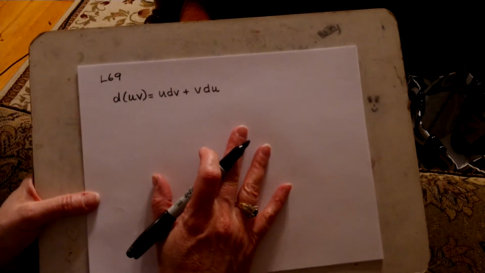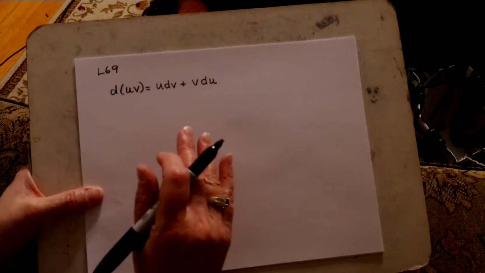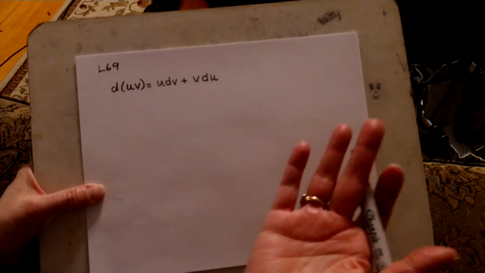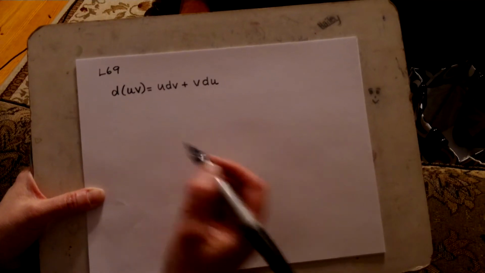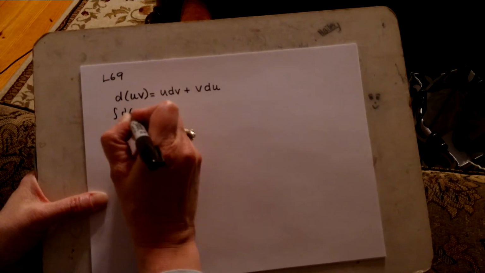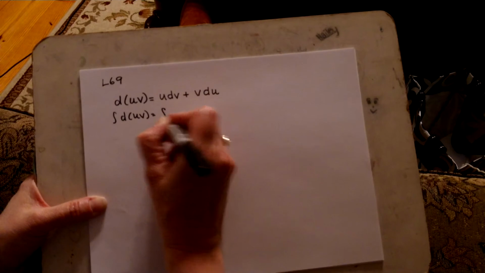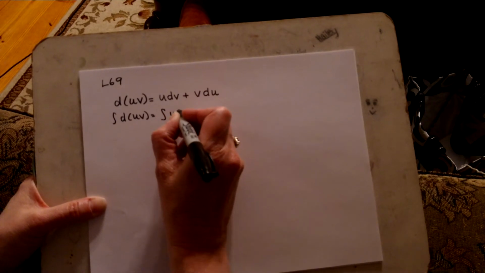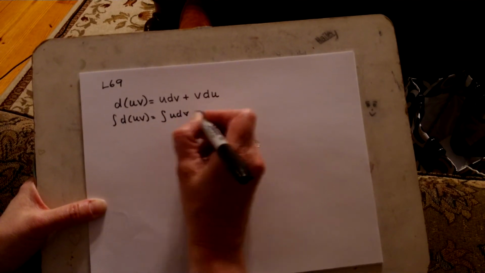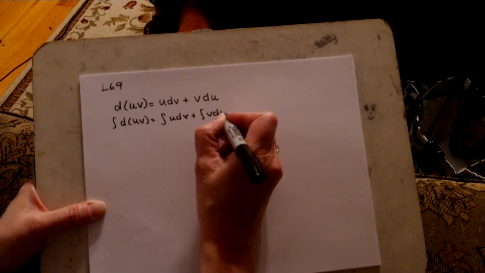Now, from here, we can take the integral of both sides, just like we multiply both sides by the same thing, and we still will have a true statement. So the integral of the derivative of uv is going to equal the integral of u times dv plus the integral of v times du.